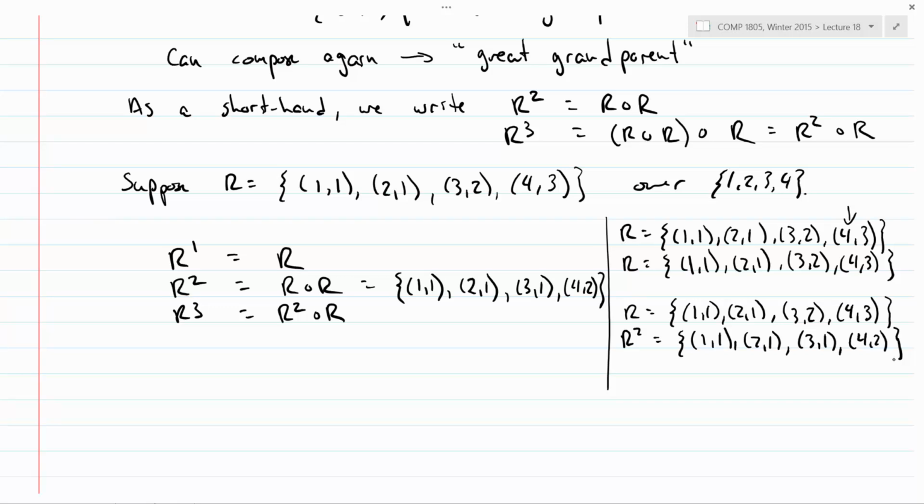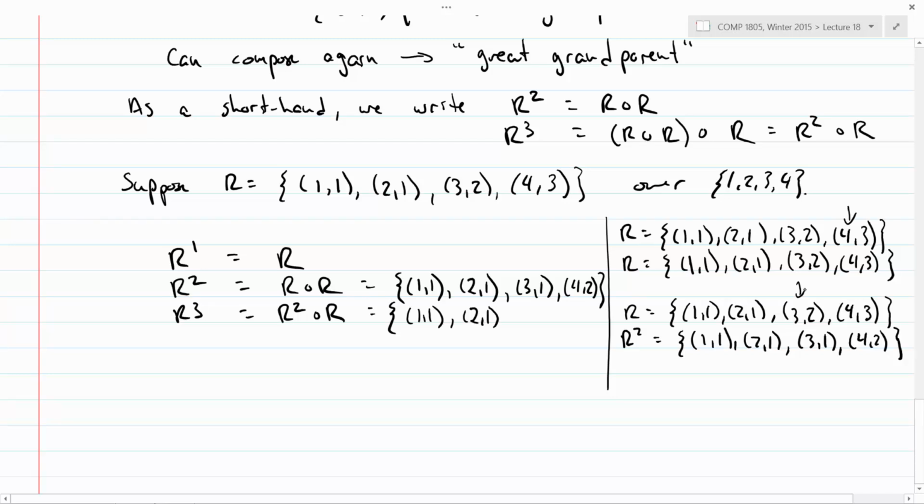So now we do the exact same operation to compose these. So I'll start here, (1, 1). The only thing that starts in R squared with 1 is (1, 1), so I get a (1, 1) here. Move on to the next one, (2, 1). Well, the only thing that starts with a 1 is (1, 1), so I still get a (2, 1) there. Move on to the next one, whoops, (3, 2).